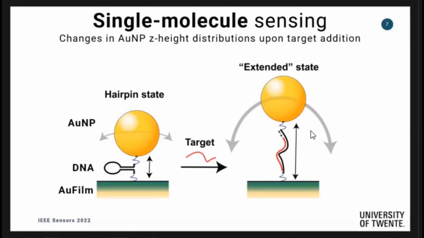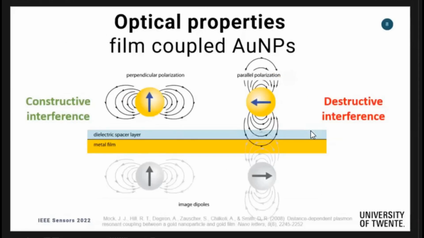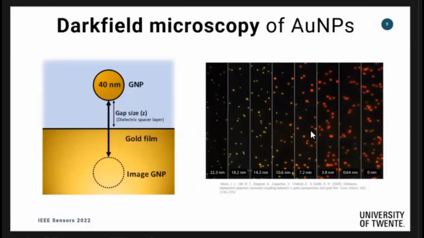And we want to sense this, and how are we actually going to sense this? By using the unique properties of gold nanoparticles on top of gold films. Because the gold nanoparticle on top of a gold film will see its mirror image and will start interacting with it, which causes a change in the electromagnetic coupling. And the nice thing is that this also changes the scattering property.